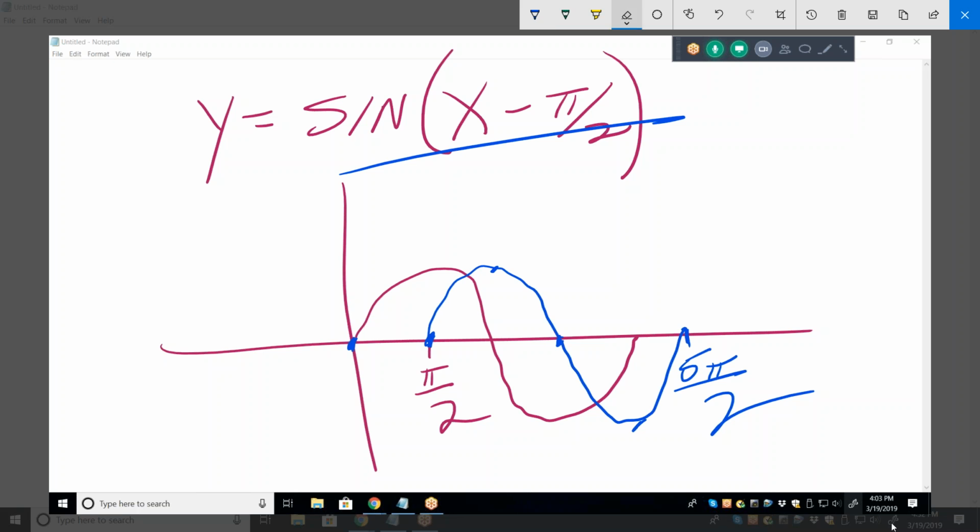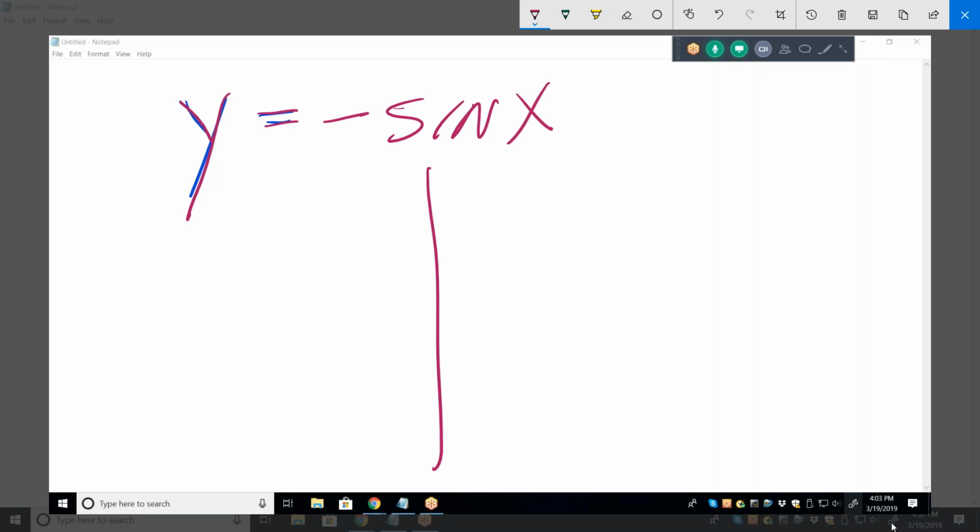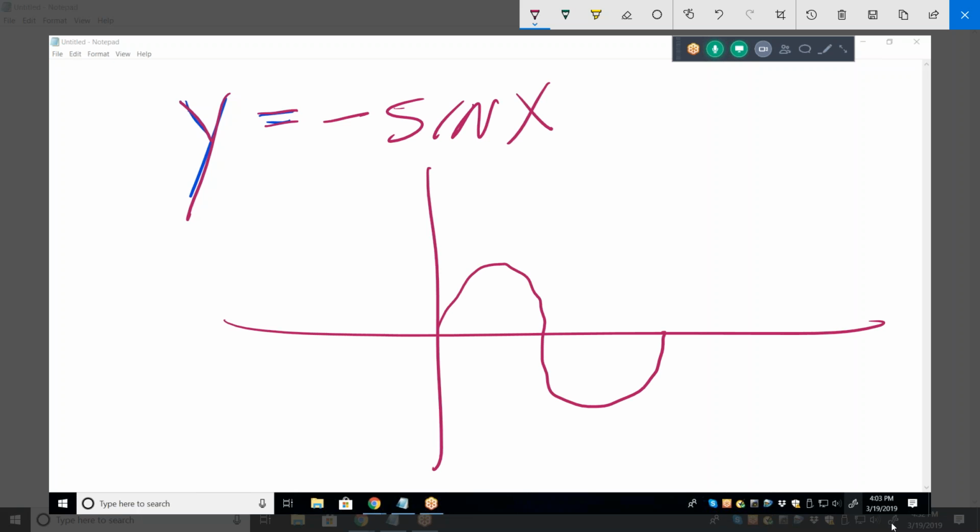Okay, we've covered all 4 of the typical transformations. The only ones we haven't covered are the reflections. Let's talk about that. Minus sine x. What kind of transformation is this? What's the minus sign mean?